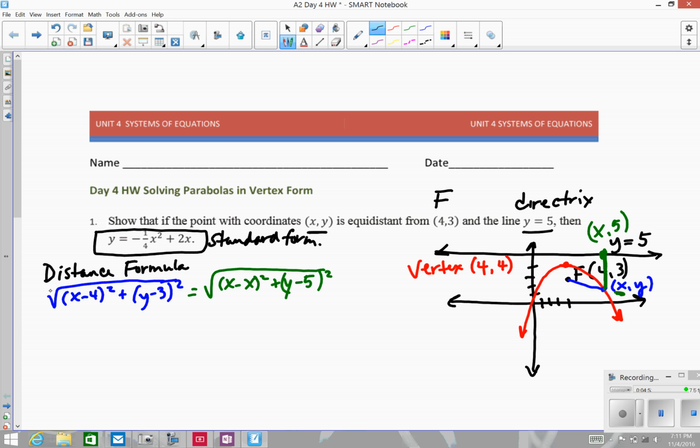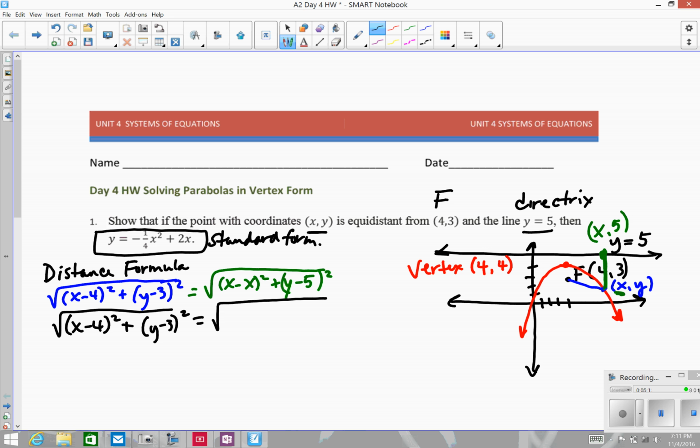This first blue side of my equation, there's nothing to simplify, so I'm going to end up with the same thing: x minus 4 quantity squared plus y minus 3 quantity squared.